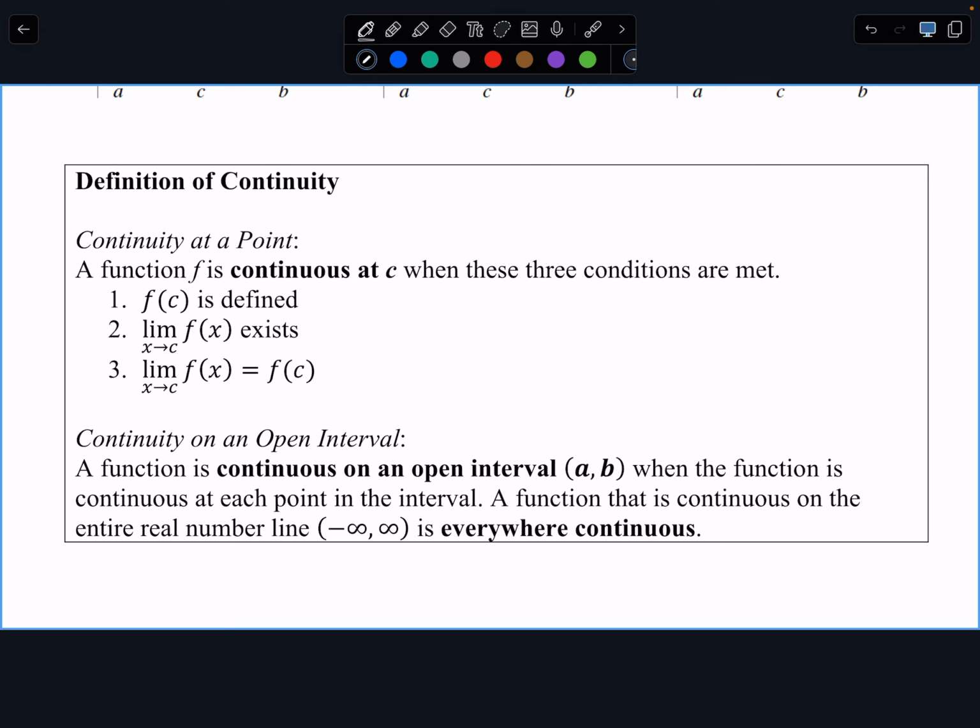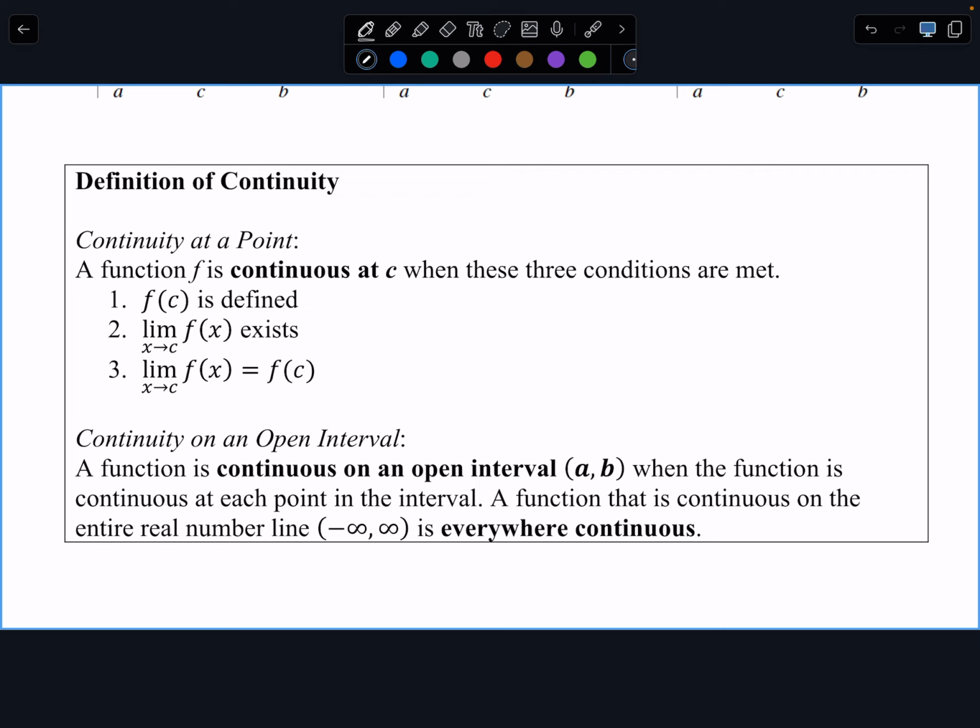So our definition for continuity at a point, you can almost think of as a checklist, okay? It has 3 points, a checklist with three bullets. So a function f is continuous at c when these 3 conditions are met. And if these 3 conditions are met, check, check, check, then the function f is continuous at c.